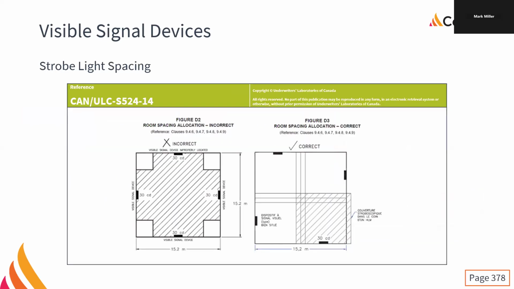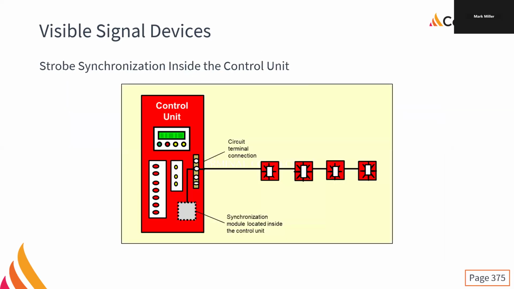That is absolutely incorrect because the corners aren't going to be properly covered. 4 strobes at 30 candela is not going to work for this room layout because we can only throw light a certain distance. And we did see that in a table.